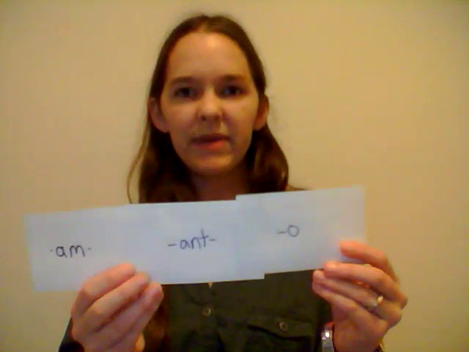Amanto is present tense for that. Present tense active participle. Amanto would be lover. And Esperanto is the noun, the hoping one. Someone who, or one who is hoping.